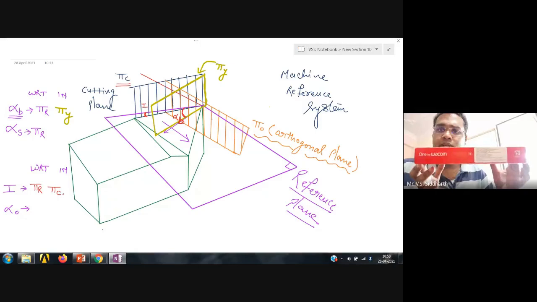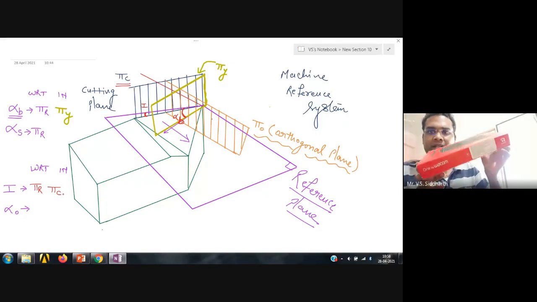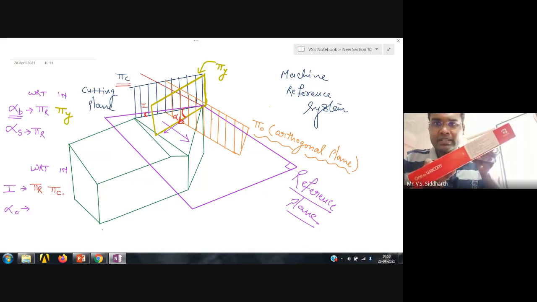For example, this is your rake face. Your rake face is having a backward inclination and a sideward inclination. Your rake face is not flat like this; it is having a backward inclination as well as a sideward inclination. Two types of inclinations it is having.